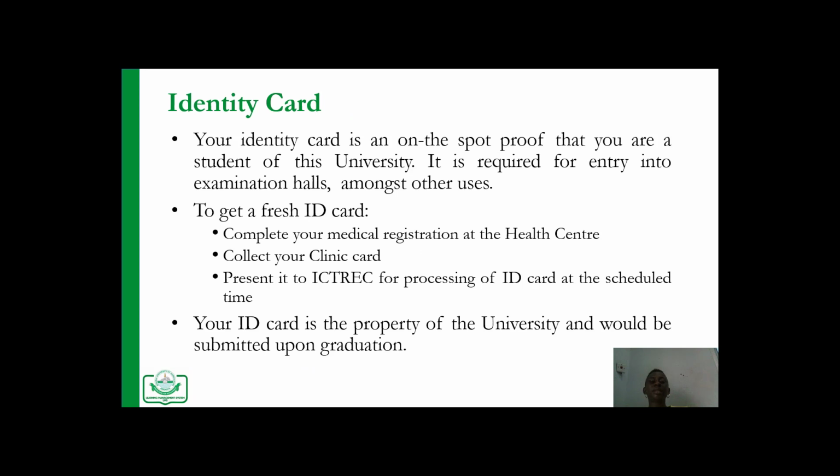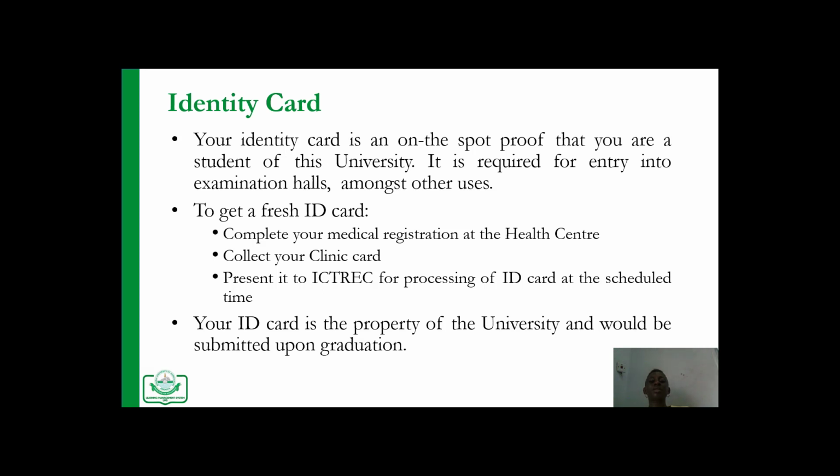The identity card. The identity card is an on-the-spot proof that you are a student of this university. It is required as a passport for you to enter any examination or in FUNAB. For you to get your identity card, you are expected to have completed your medical registration at the health center. You are expected to have collected your medical card, and you have to present it at the ICT rec center for processing of your ID card at the scheduled time.